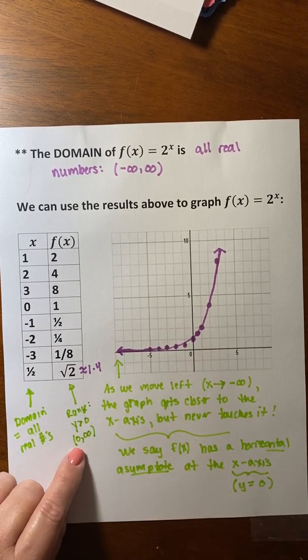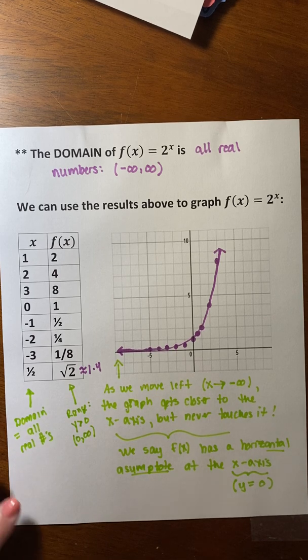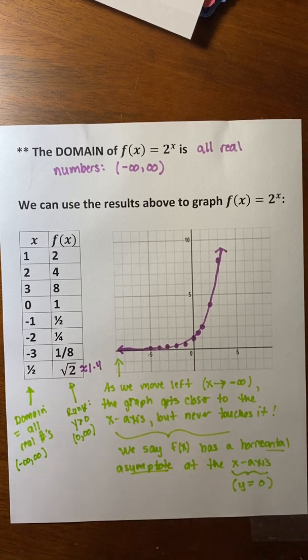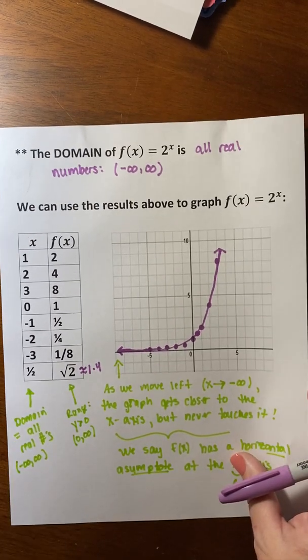We don't include the left endpoint 0 because there is no input that will produce an output of 0. The domain is all real numbers from -infinity to infinity. So there is the graph, our first exponential function, f of x equals 2 to the x.